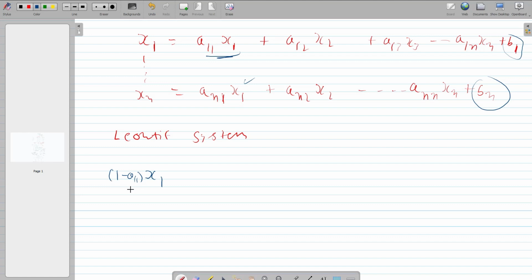I'll take x1 common, and this will be the result. Similarly, others will also come to that side. So we are just bringing all the x terms to the other side of this equation.